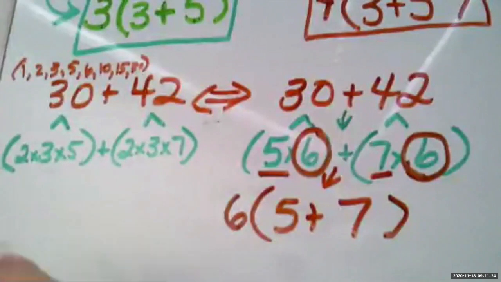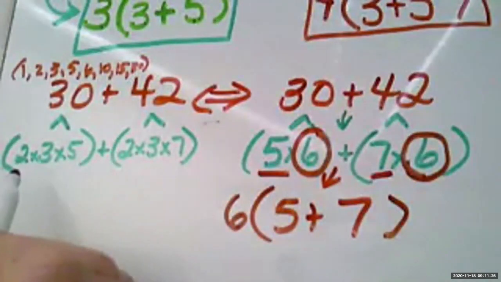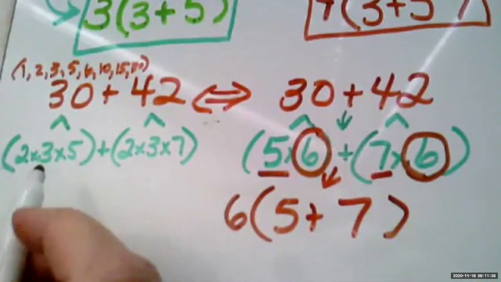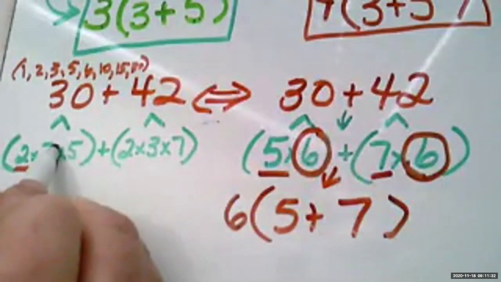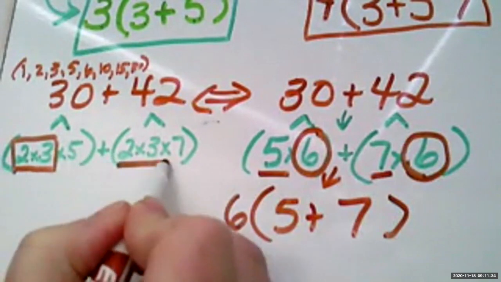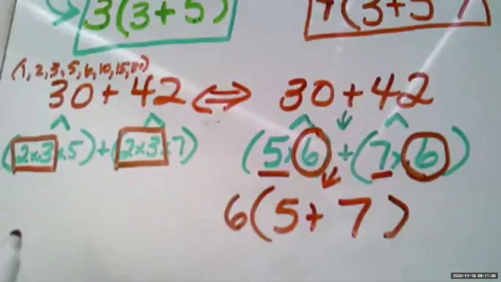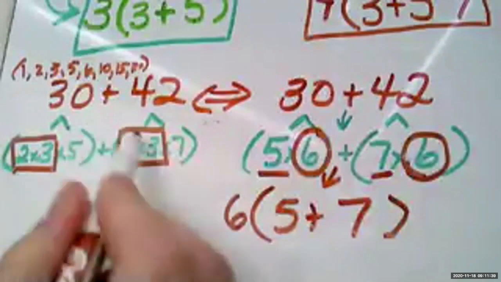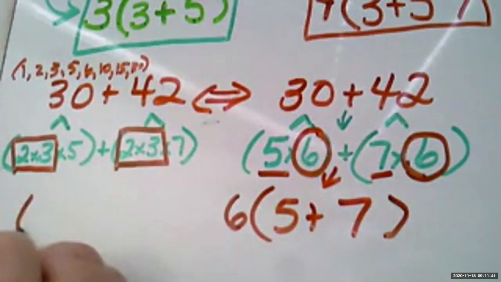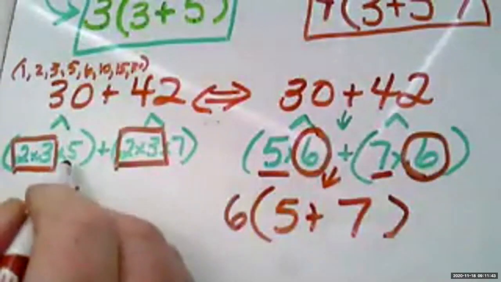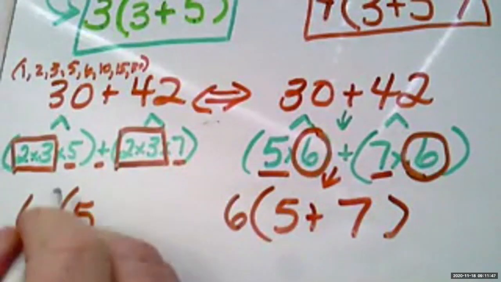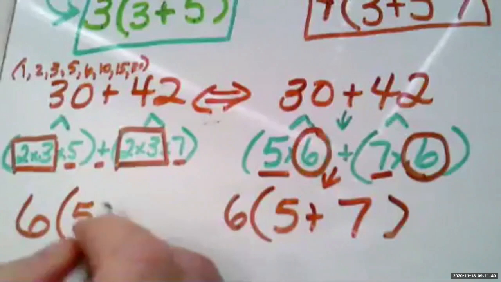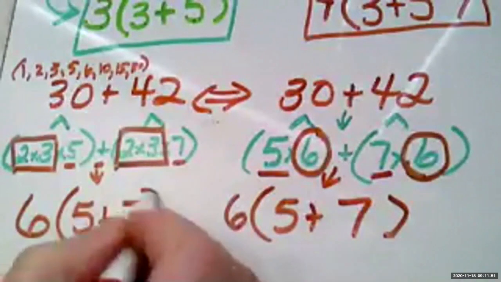That's the prime factorization for 42. Yes, if you can break down all of your prime factors, and we did this one yesterday, we found what they have in common. They have a 2 and a 3 in common, which is 6. So since 2 times 3 is 6, they both have those in common. You can still take that outside of the parentheses and bring down what's left inside the parentheses. So 5, the plus sign between parentheses, and the 7.